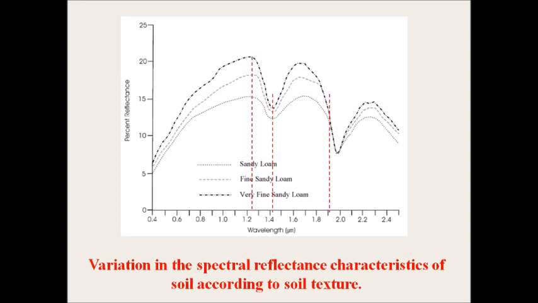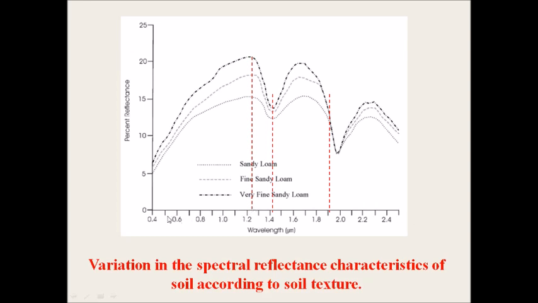Now we can see that all these three types of soil, right from very fine sandy loam, and sandy loam, they are showing almost the same pattern of reflection as the material interacts with different parts of the electromagnetic spectrum.